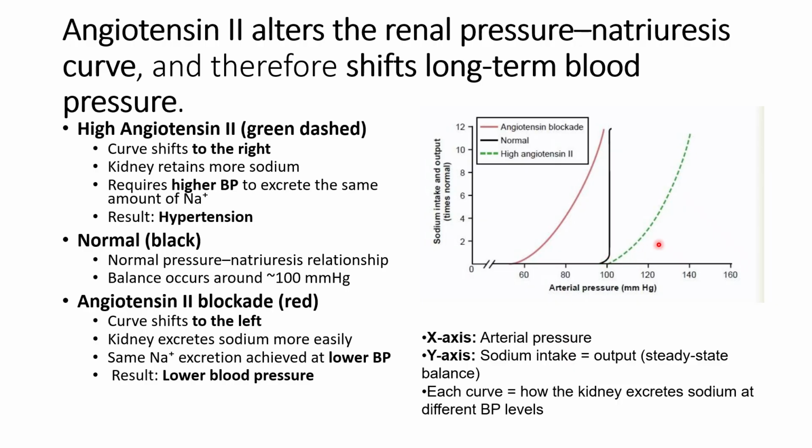In the green dashed state, that is if you have high angiotensin 2, the curve is shifted to the right. That is, for the same amount of sodium to be excreted, to achieve the balanced state, you need a higher blood pressure. Normal, like we saw, the normal equilibrium point is at 100 millimeters of mercury. And once you block this angiotensin 2, this curve shifts further right. And now the blood pressure required to maintain that equilibrium point is far lower. That is why these drugs are used.